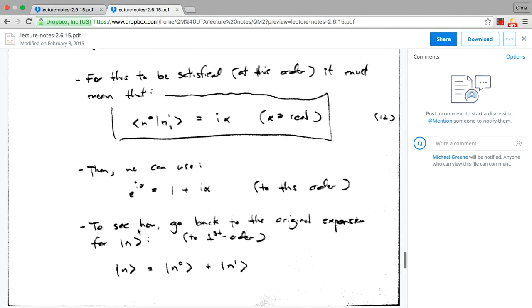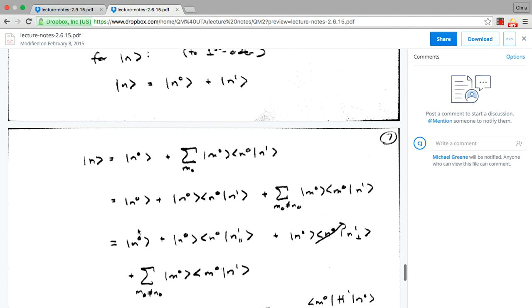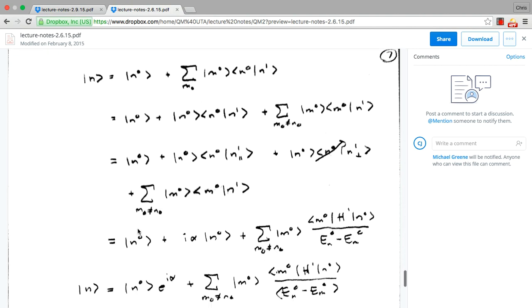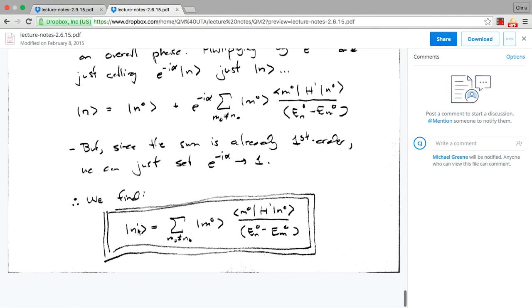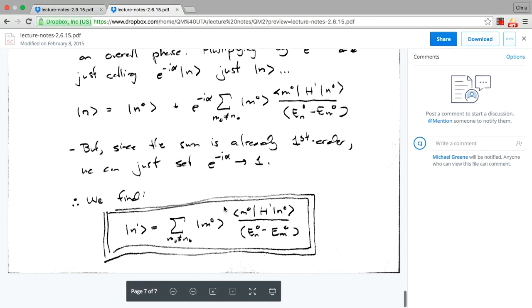And went on and showed that after some little tricks here and there, we ended up finding that the first order correction goes as an expansion in the unperturbed kets, but these are kets that are orthogonal to the zeroth order piece of the n eigenket. Okay, and so they come in at first order of the perturbation, so that's a good check on what we're doing.